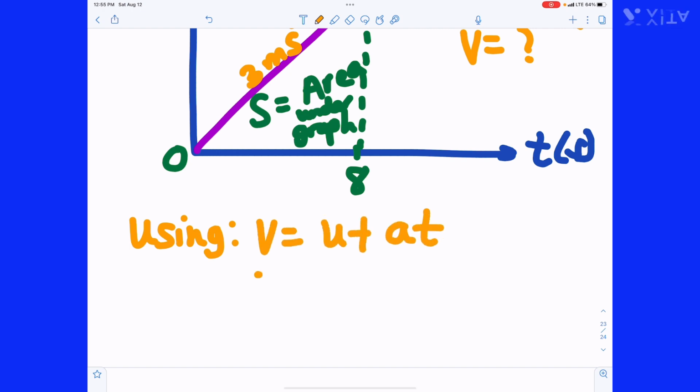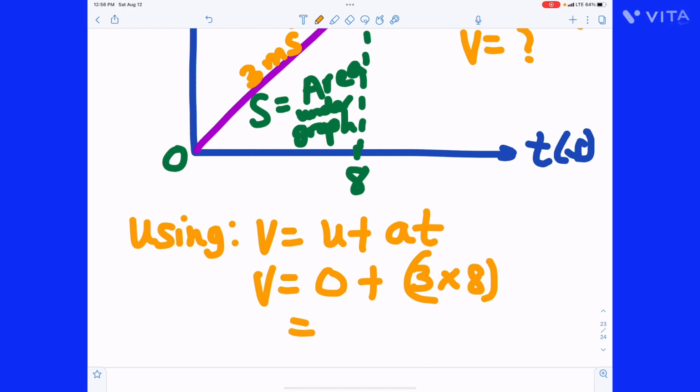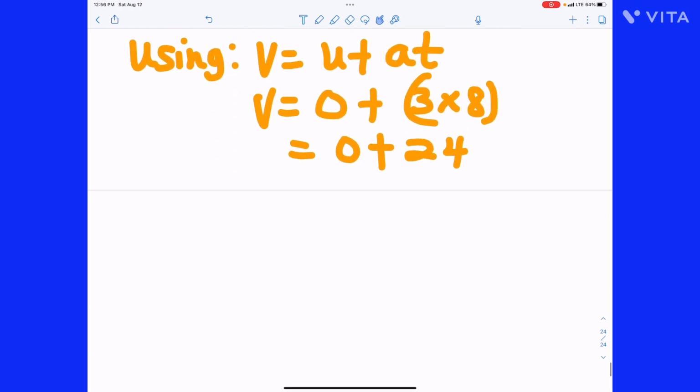What does that give me? Final velocity will be 0 plus 3 times 8. That's 0 plus 24. So the final velocity is 24 meters per second.